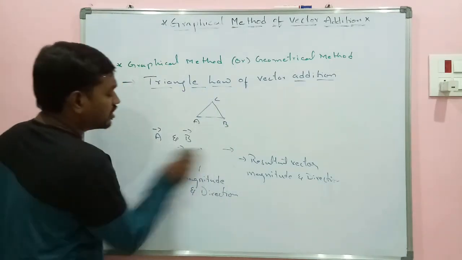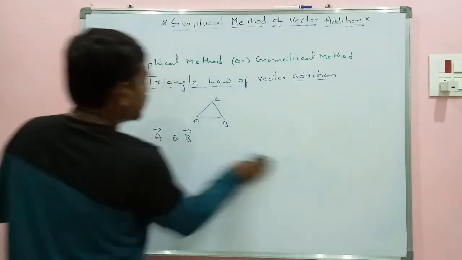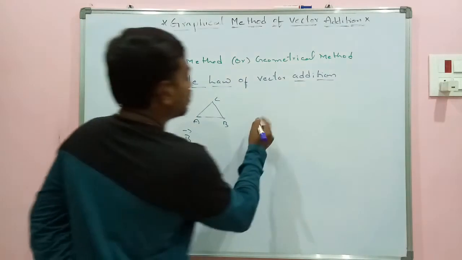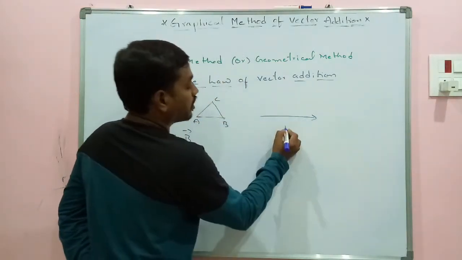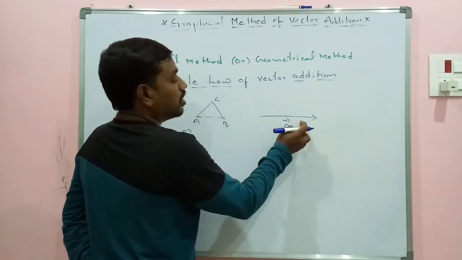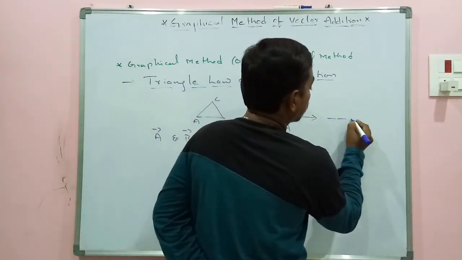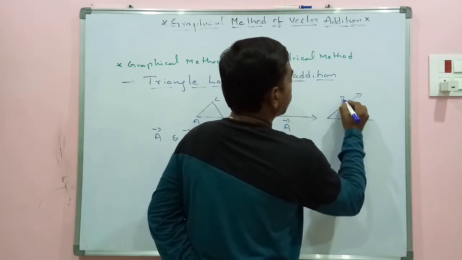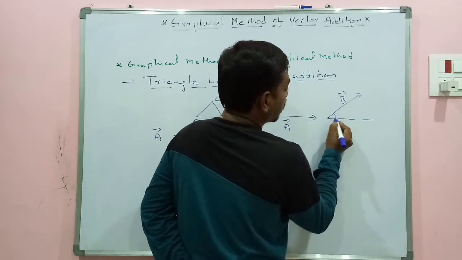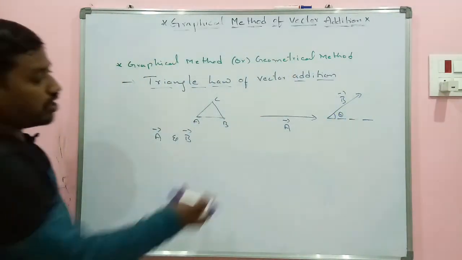How do we represent it? Imagine two vectors. Vector A is given along this direction, with magnitude as well as direction. And we have another vector, let this be vector B, such that it is making angle theta with the horizontal. Now how do we join these two vectors?